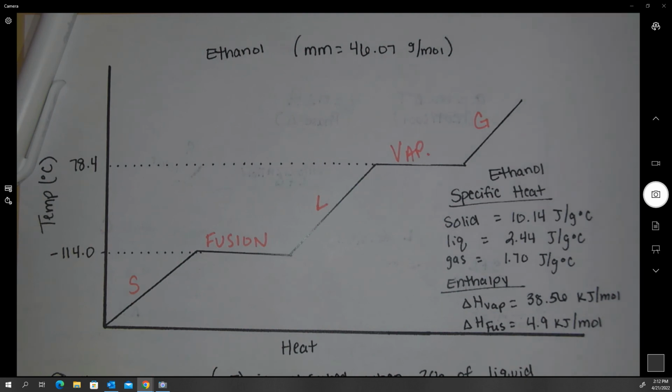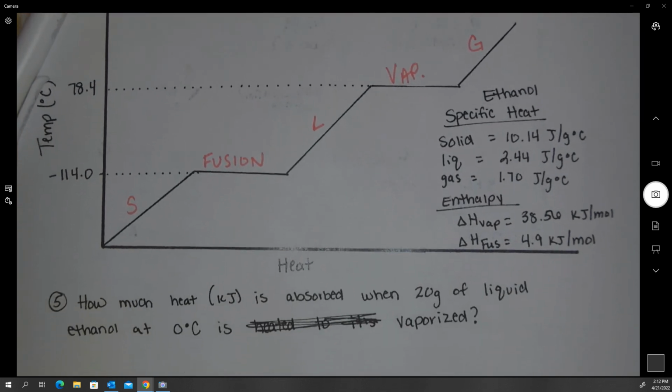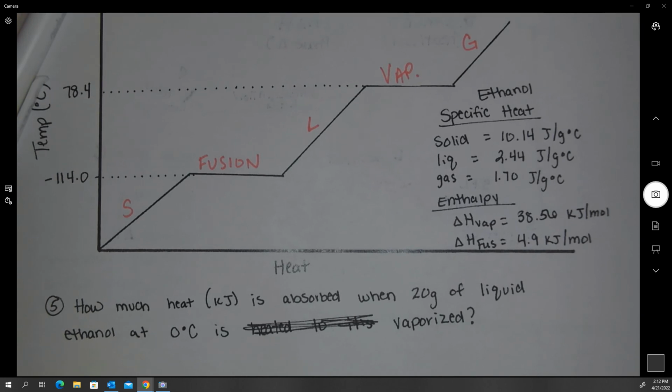So let's make some markings on this graph so that we can figure out number 5 together. It says on number 5, how much heat in kilojoules is absorbed when 20 grams of liquid ethanol at 0 degrees Celsius is vaporized? All right, 0 degrees Celsius for water is solid water. Is 0 degrees Celsius in ethanol solid ethanol?